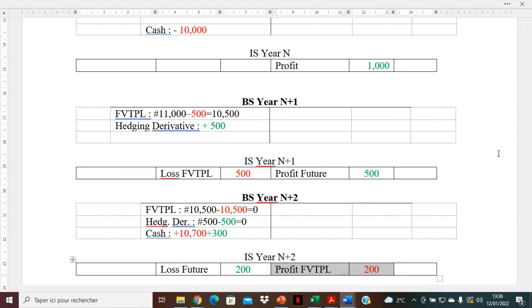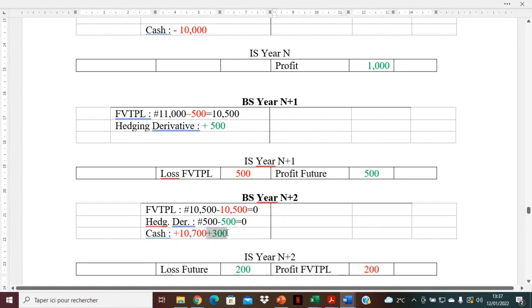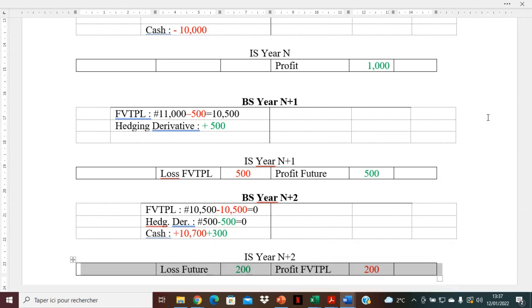And I settle the future, and settling the future is like selling it, and I sell it for 300. Therefore, I have a cash inflow of 300, but the derivative has a book value of 500, which I cancel. It means here I sell the derivative at a lower value than the book value, and that generates a loss in my income statement of 200. That means also in period 2, the total impact on my income statement is 0 because I have a gain and a loss that perfectly match.